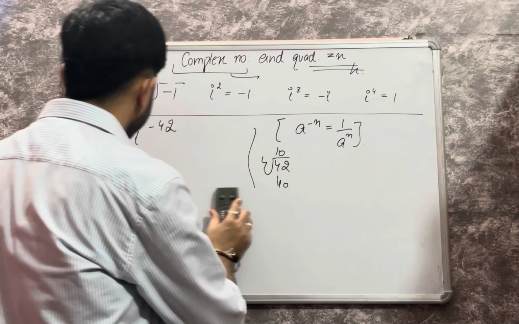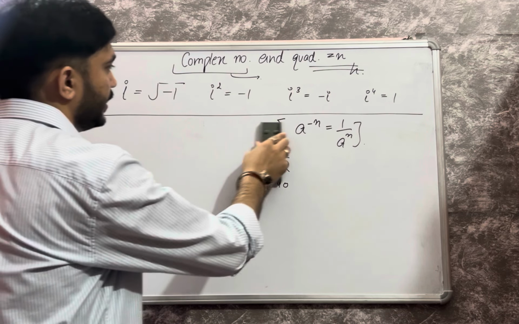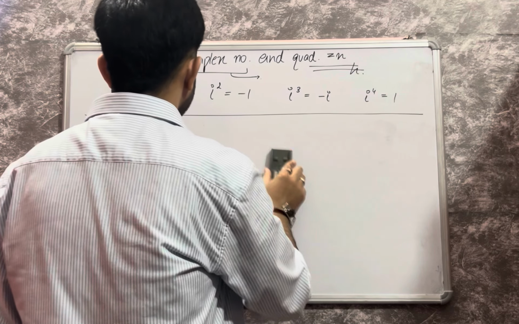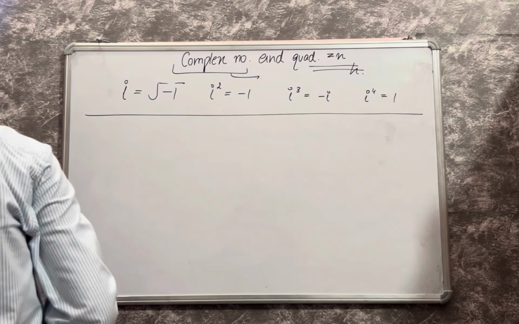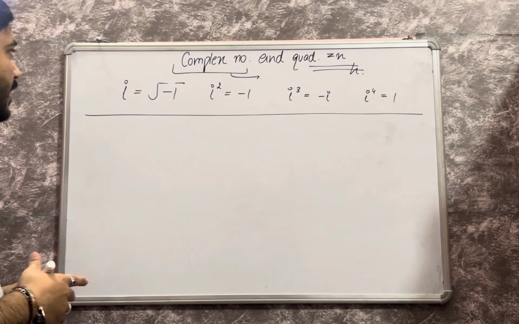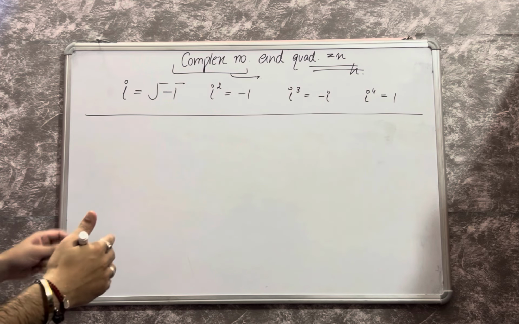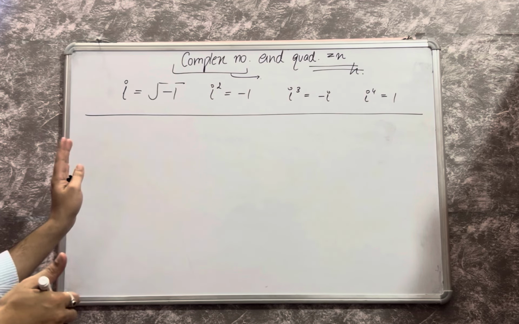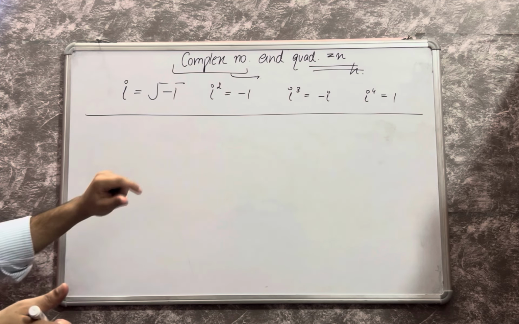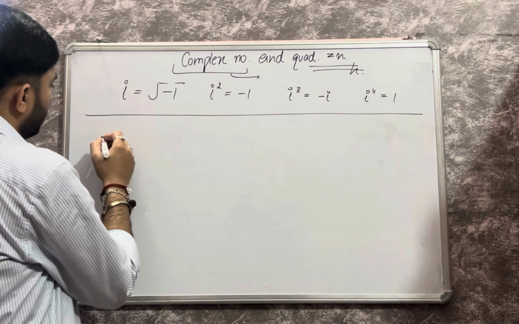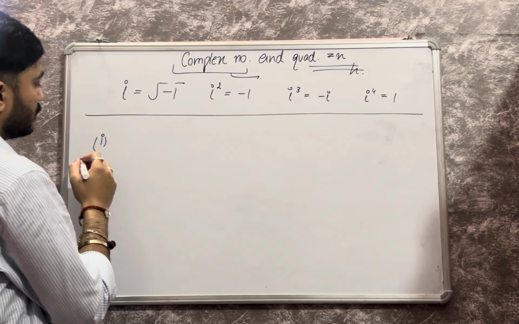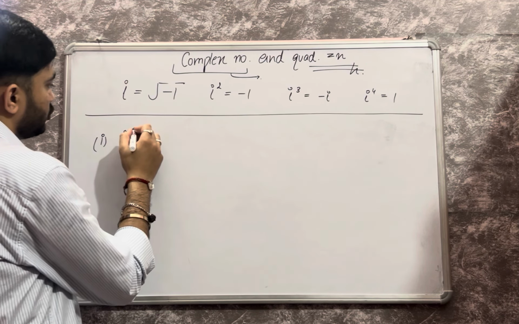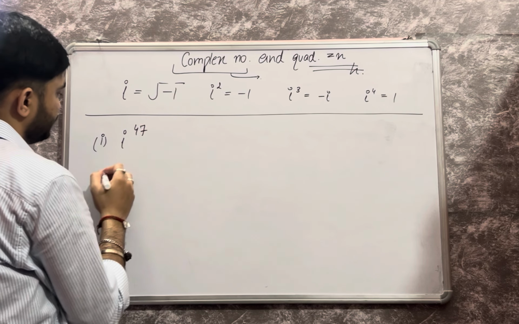I am going to give you some homework based on it, so you can find the answer and write it in the comment section, so that you get a better perspective of how to find the value of iota raised to power anything. The homework first question is iota raised to power 47.